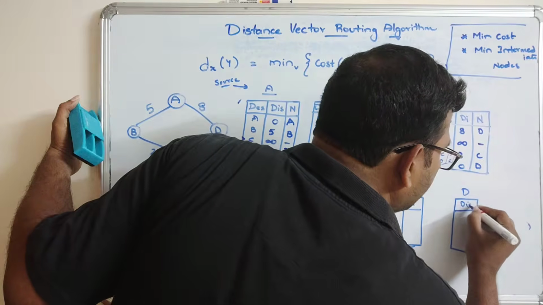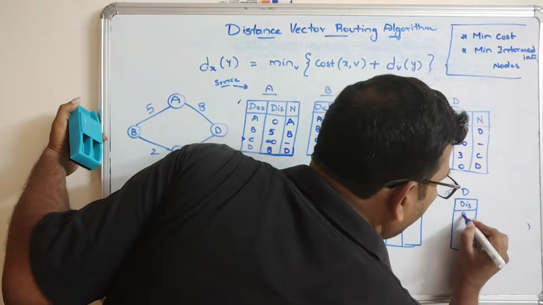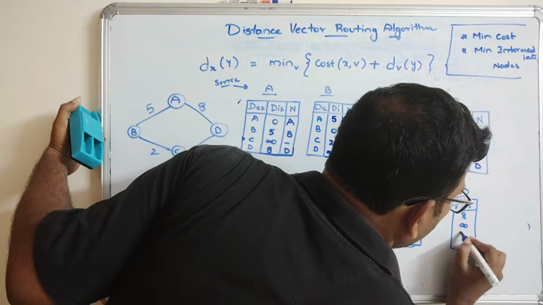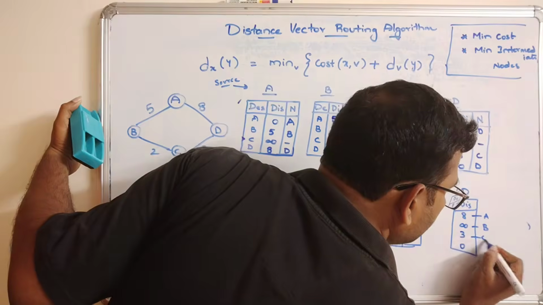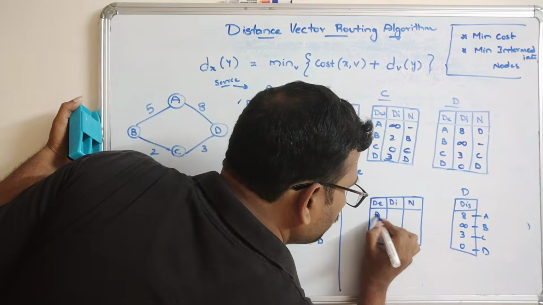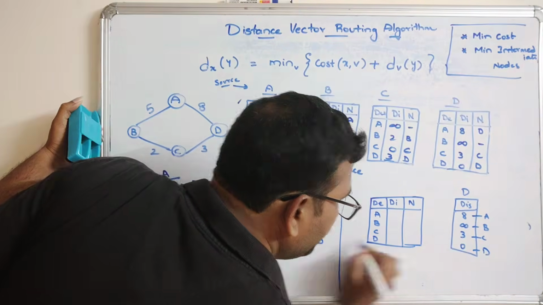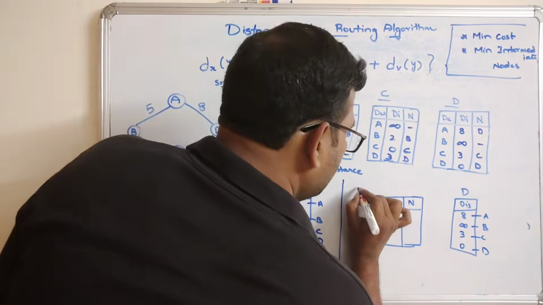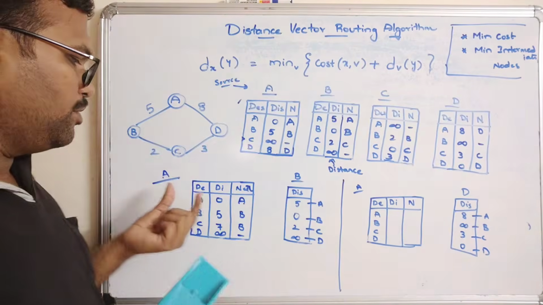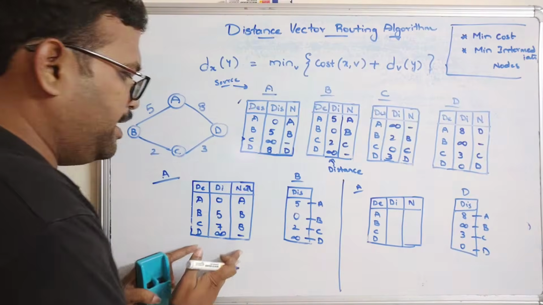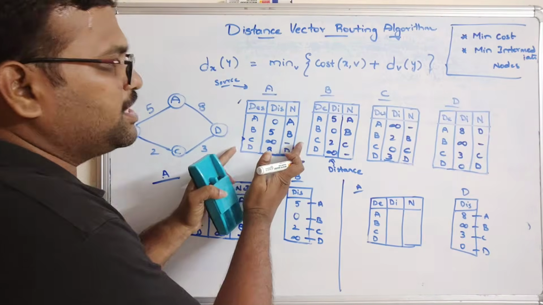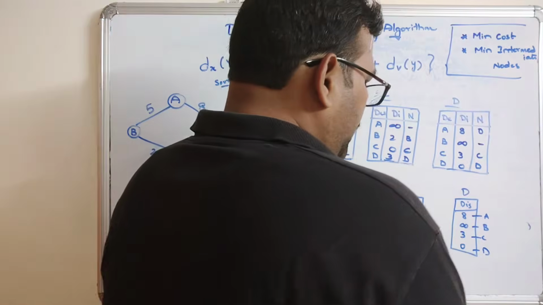Consider only the distance. So D distance is 8, infinity, 3 and 0. So this is A, B, C and D, and here also A, B, C and D. Hope you understood. First, this routing table is shared with B and we are updating A. Same routing table is shared with D and we are updating A.